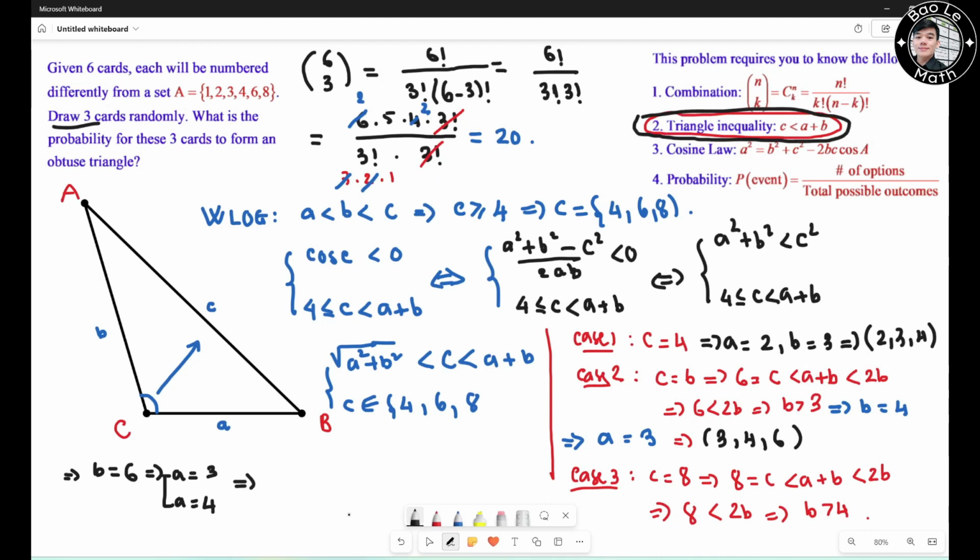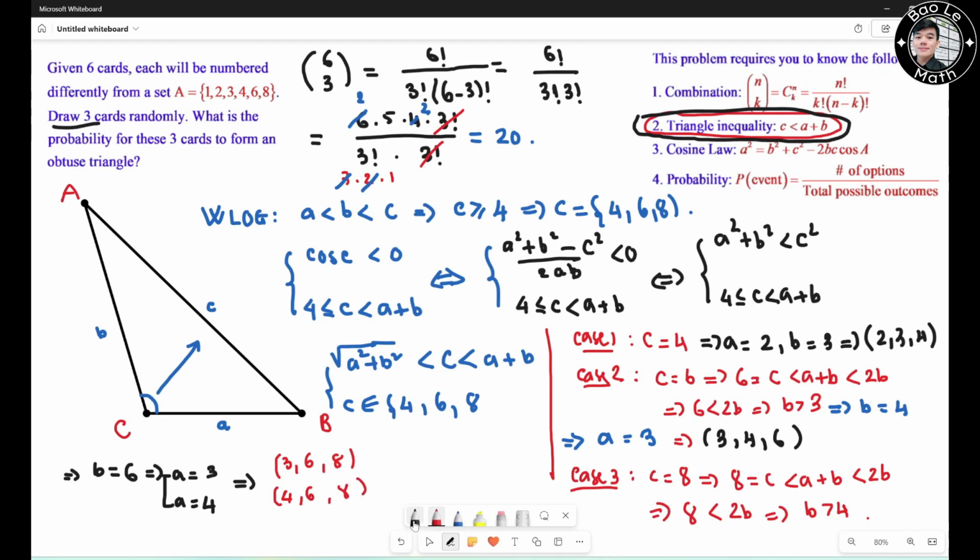So we have 2 solutions right here. The first one, a equals 3, b equals 6, and c equals 8. The second one, a equals 4, b equals 6, and c equals 8.